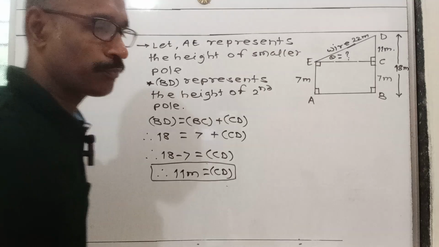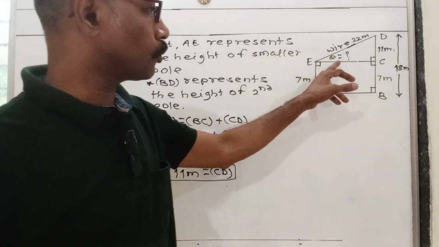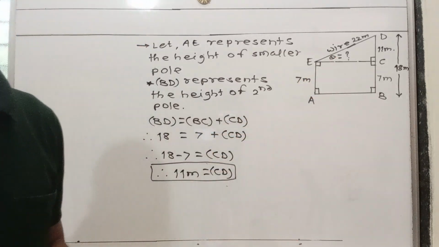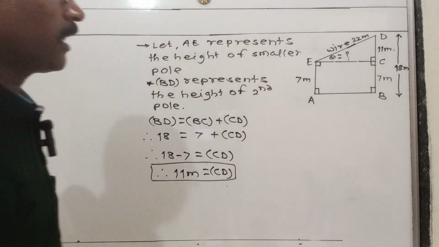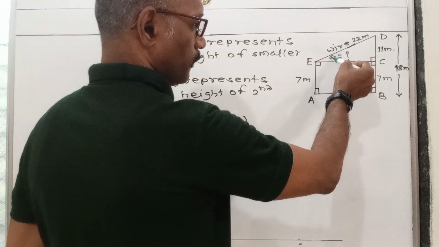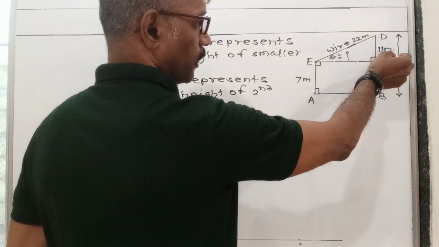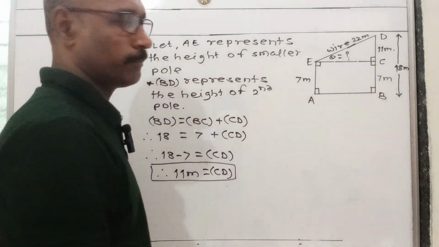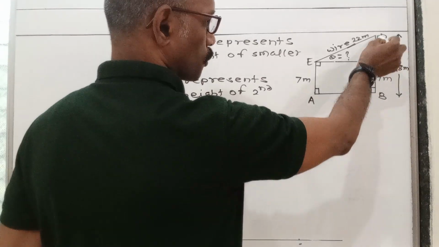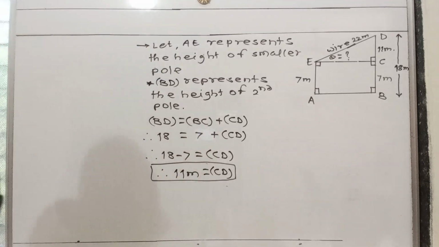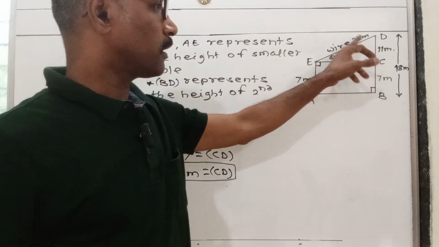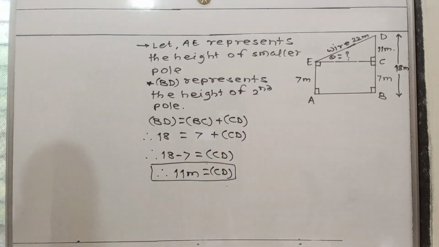Did you get it? Now we want to find the measure of angle theta. Okay, now see this. If this is theta, then CD is the opposite side and this is the right angle. So this DE is the hypotenuse. Opposite side and hypotenuse. Then which trigonometric ratio? Sine. Okay.